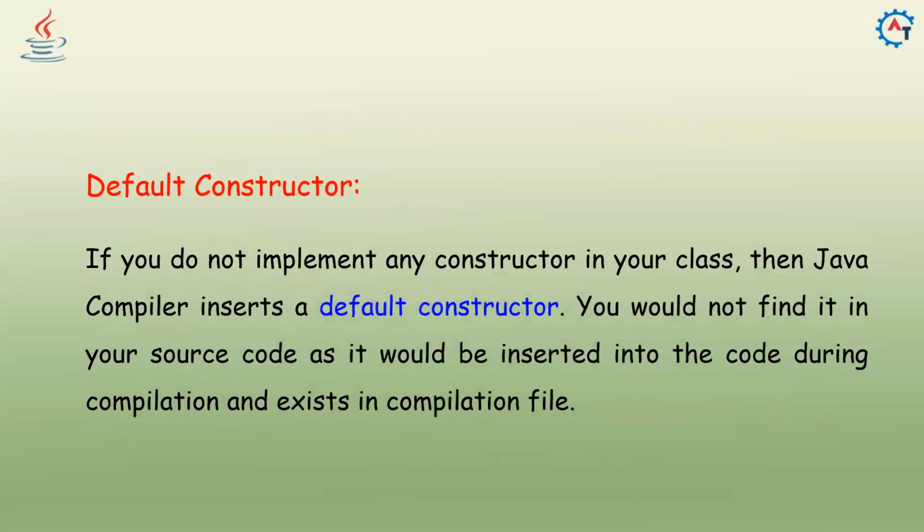If you do not implement any constructor in your class, meaning you did not create any constructor, then the Java compiler inserts a default constructor. You would not find it in your source code, as it is inserted during compilation and exists in the compiled file. So you cannot see in your code where the constructor is, and if somebody asks, you cannot show that. But the moment it compiles, it creates a default constructor by default.